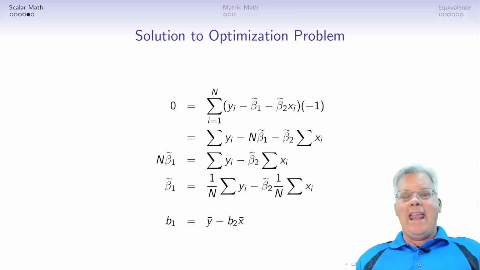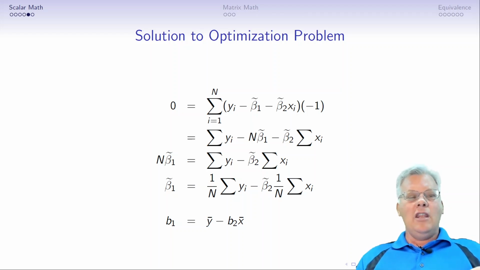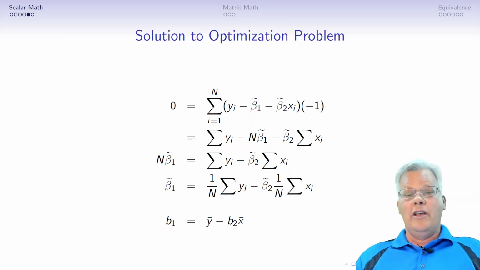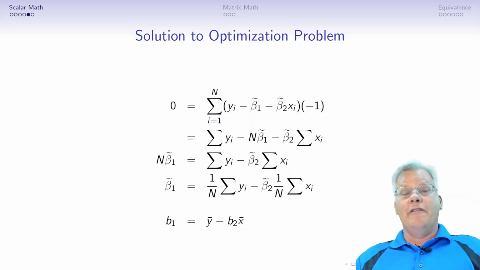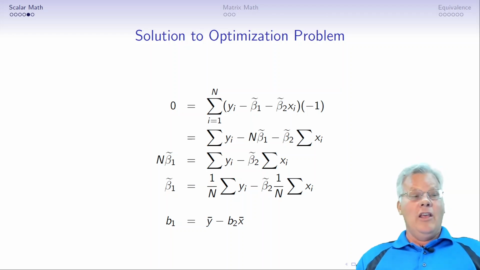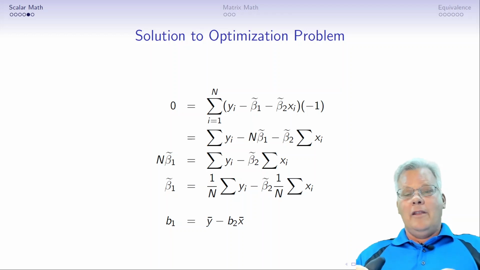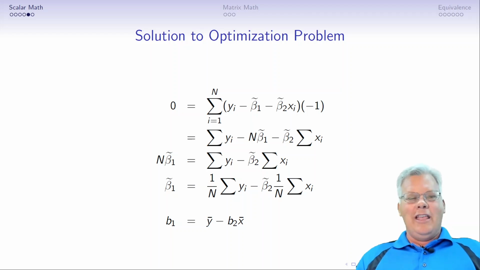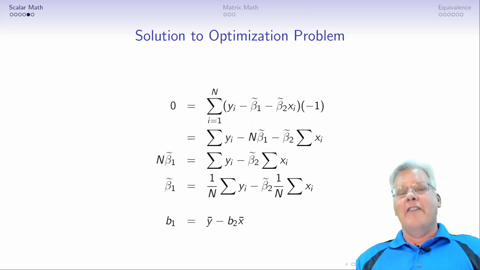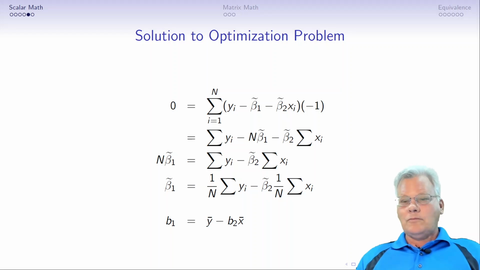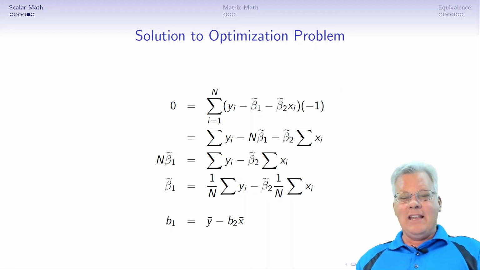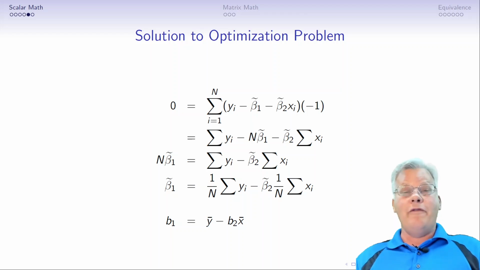I might add at this point that in Verbeek, anything that's a Greek letter is an unknown, unobserved value, and the Latin analog is our estimate of it. So beta tilde 1 is an unknown value.